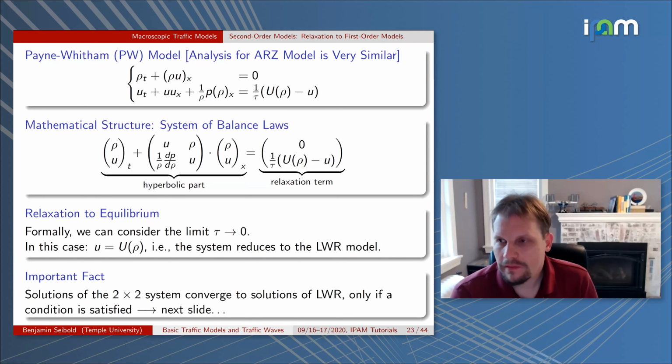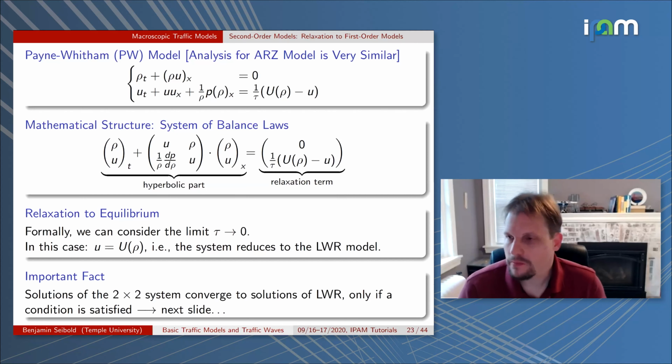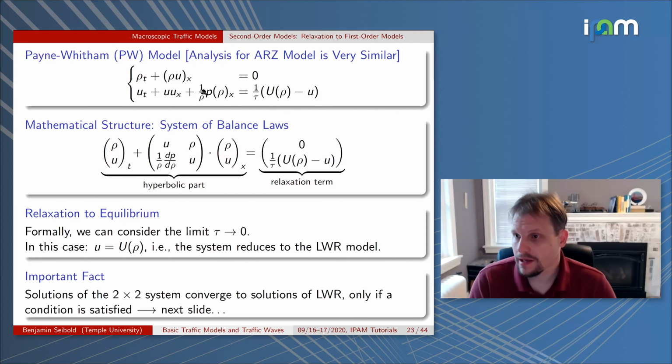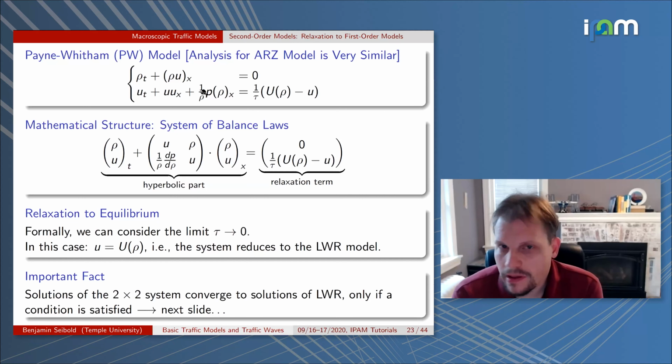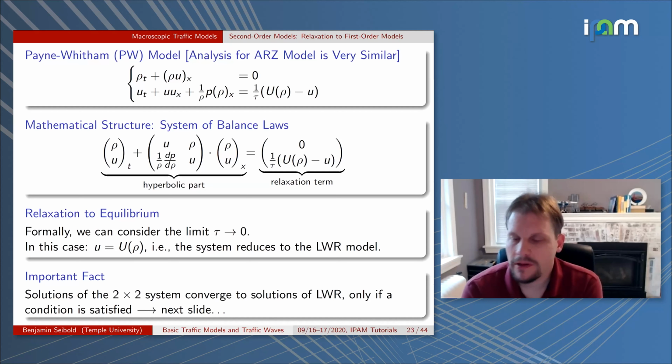So the traffic flow community has since then agreed that there are other ways to prescribe the pressure here, for example, like in the so-called Aw-Rascle-Zhang model, that remedy these problems. But the analysis that I'm presenting here works equally for these other types of descriptions. So I'm just, for historic reasons, sticking to the Payne-Whitham model here, but please bear in mind this works equally well for these other models as well.